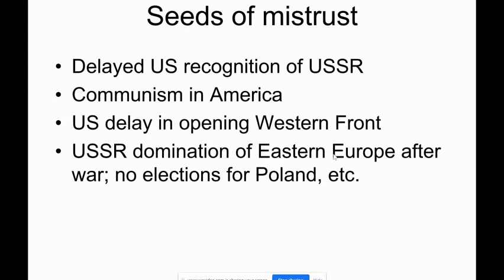And it's very clear that something has to be done about Poland. You remember, this is the original country that gets invaded that starts World War II. And now the Soviets look like they're going to install a government that's going to be pro-Soviet, even though if they were to hold democratic elections, that government at the time probably would have lost.